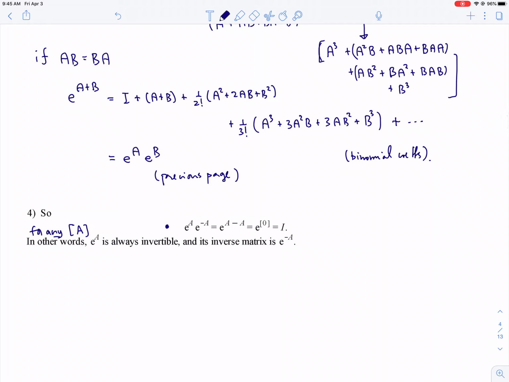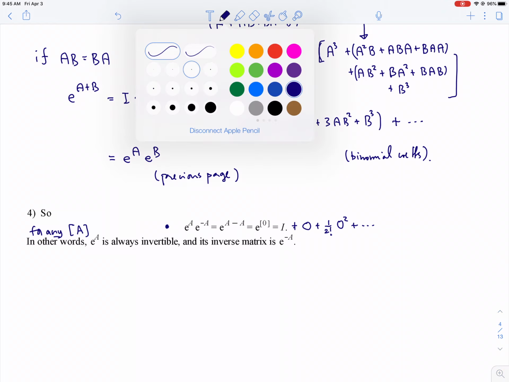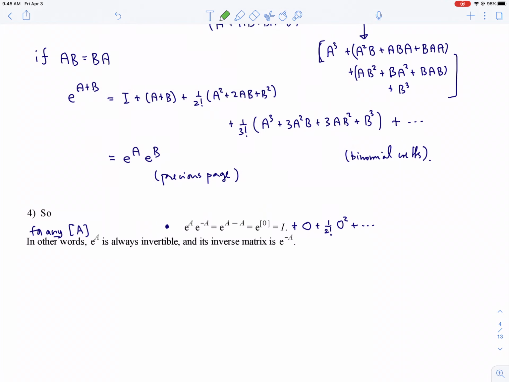And e to the 0 matrix is the identity plus the 0 matrix plus 1 over 2 factorial the 0 matrix squared, etc. And everything except for the identity is the 0 matrix.